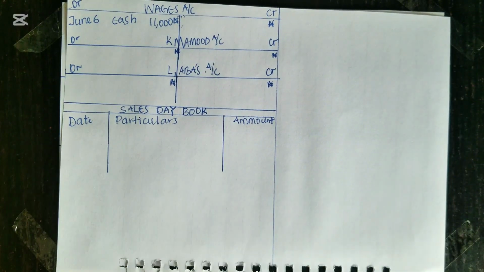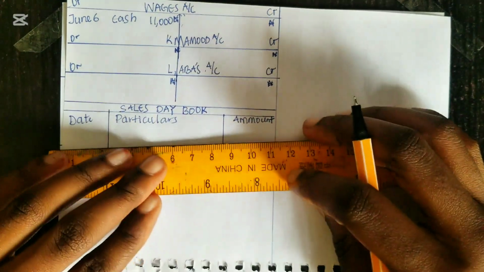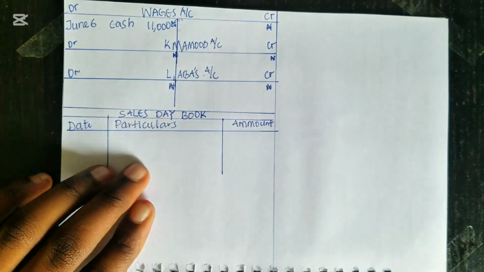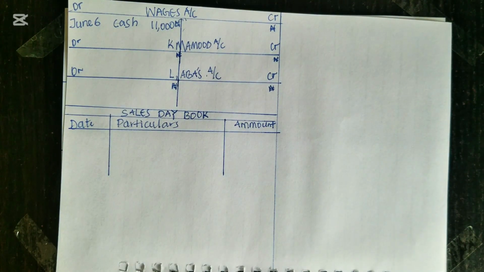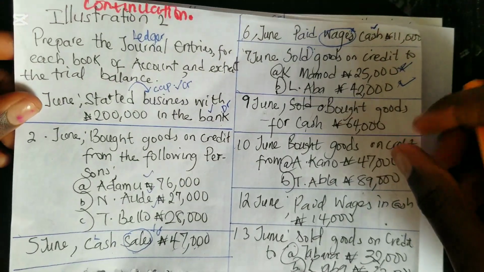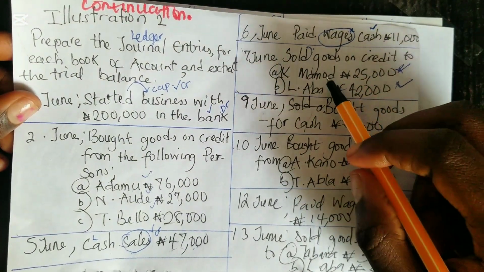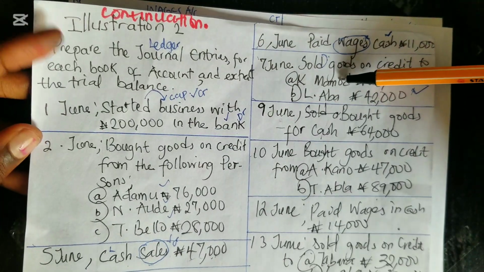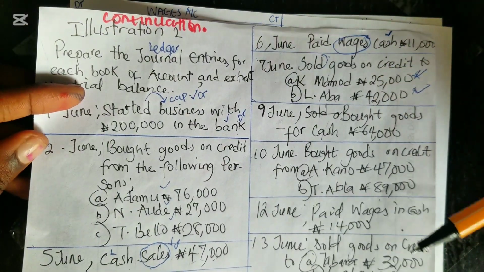So now our date is what? Our date is 7th June. Sold goods on credit to K Mahmood and El Abbas. So because we are selling goods on credit to K Mahmood and El Abbas, they are receiving our goods, right?